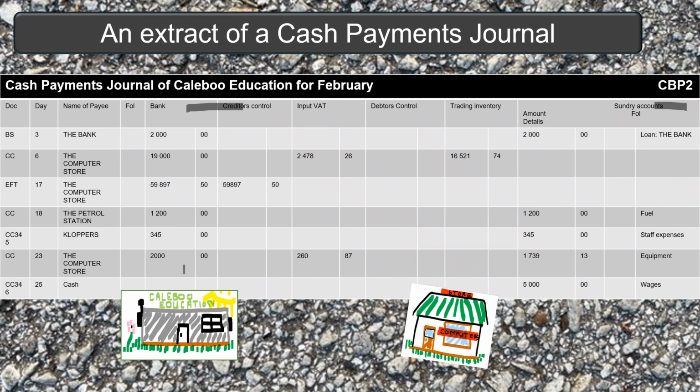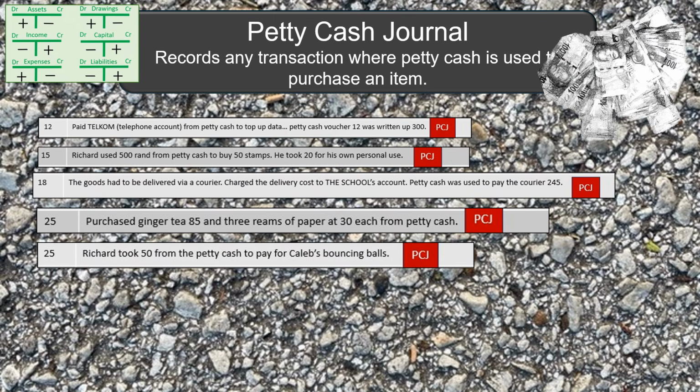Then we will total up these columns, but this is just an extract, so the totals aren't here. You're going to have to do the transactions, not in the journals, but on the cycle table. So there we go. That now is an example of transactions recorded in the cash payments journal.